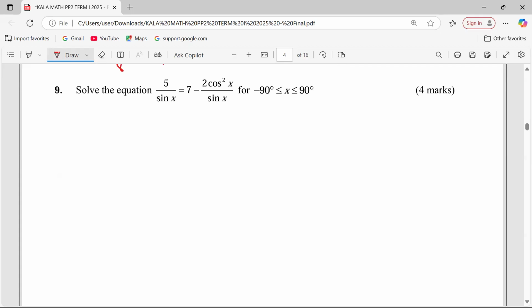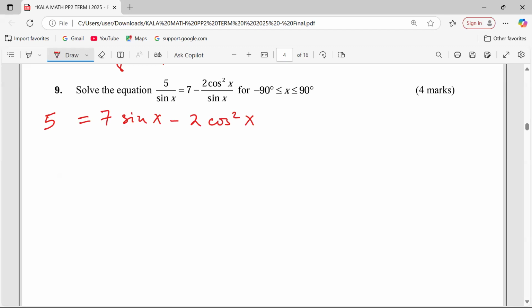So let's check this. We can multiply through by sine x because it is the common denominator. So 5 remains 5 because we are multiplying by the denominator there. 7 sine x minus 2 cosine squared of x. We have multiplied all the terms by sine x.